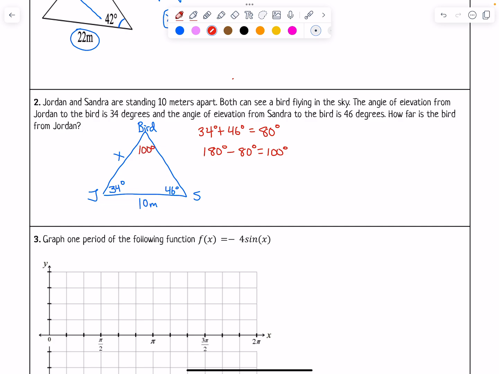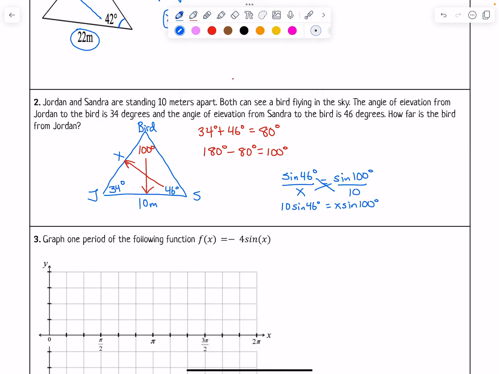And now I have a side across an angle and another side across an angle, so I can use the law of sines to solve for this one. So I can say sine of 46 over x would equal sine of 100 over 10. And then I just need to cross multiply to finish solving for x. So then I would get 10 sine of 46 degrees equals x sine of 100 degrees.